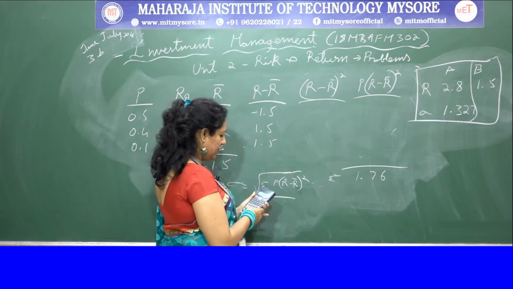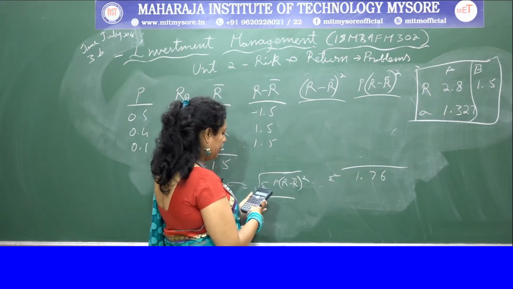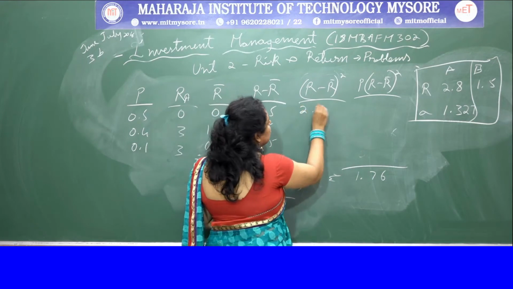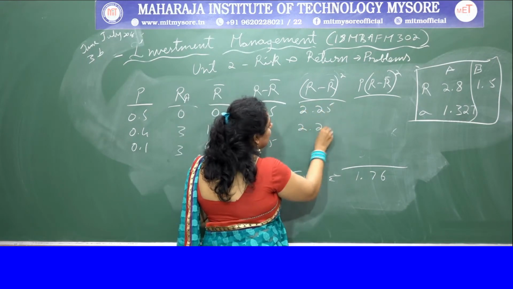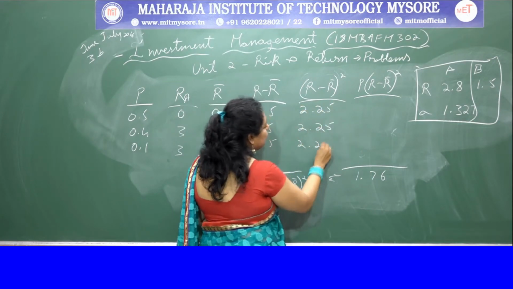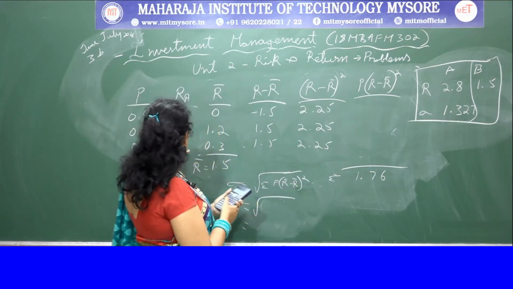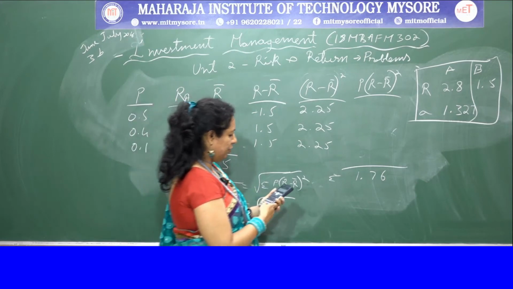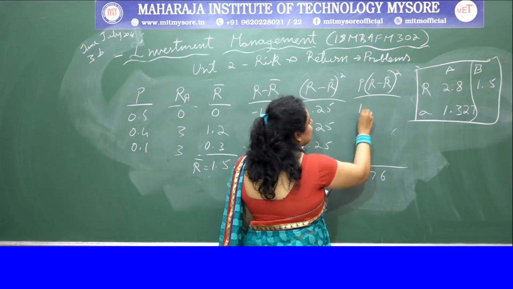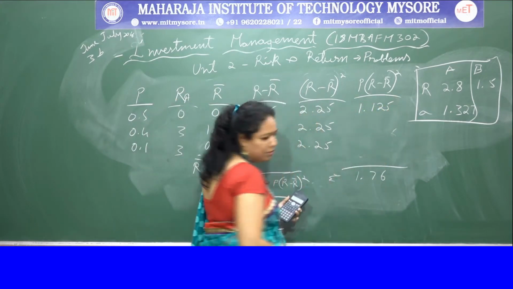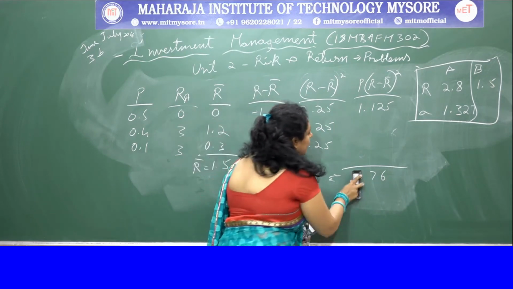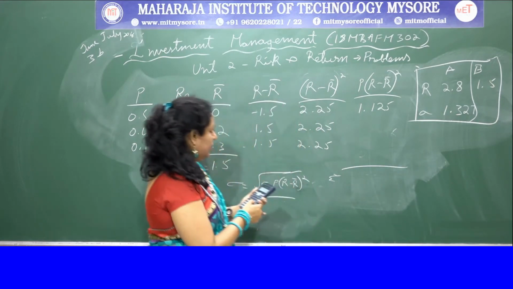So, if you do it for one, it is more than enough. 1.5 into 1.5, it is 2.25, 2.25, 2.25 because all are 1.5. Into probability, 0.5 for the first one. This differs, so you should be careful with it. So, 1.125. Okay.